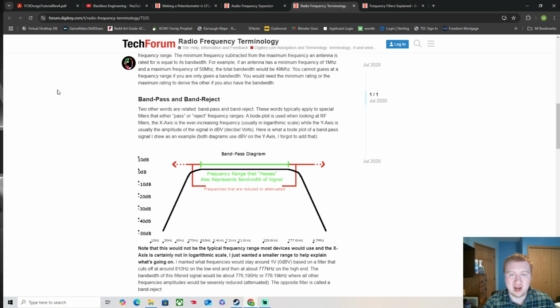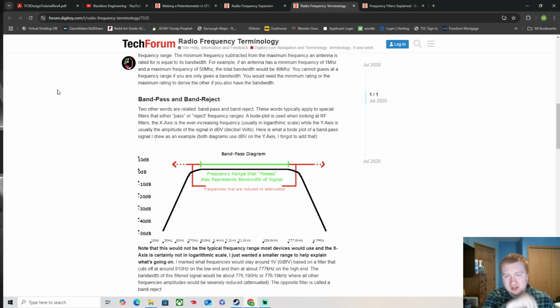Band pass and band reject apply to filters that either pass or reject frequency ranges. When you get into control systems stuff, there's a diagram called a Bode plot. When you look at RF signals, the x-axis is the ever-increasing, typically logarithmic scale for the frequency, and the y-axis is the amplitude of that signal in decibel volts.